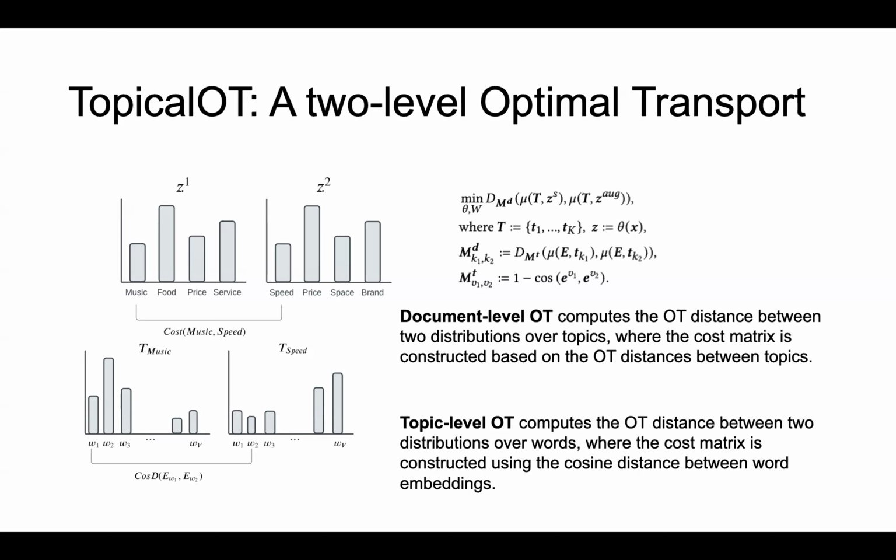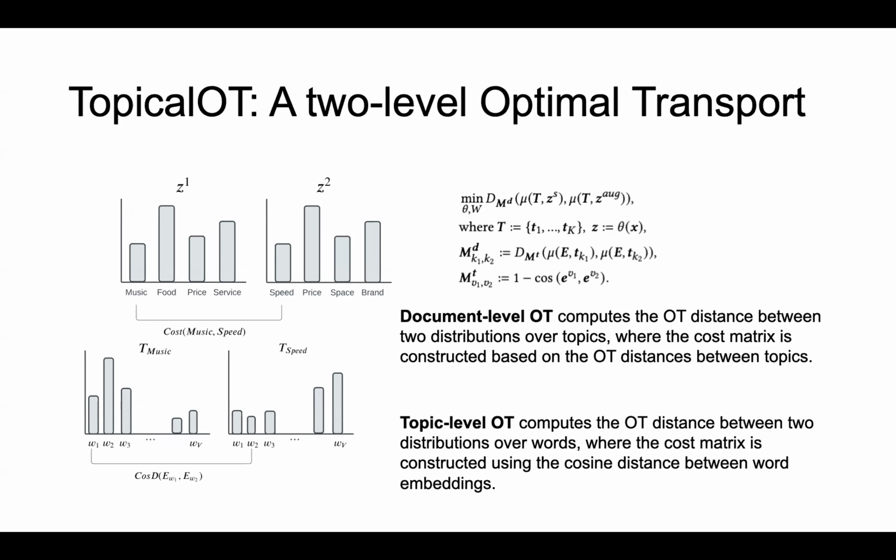The topics have semantics, for example music, speed or price. And the semantics can be used to construct a cost matrix to compute the OT.